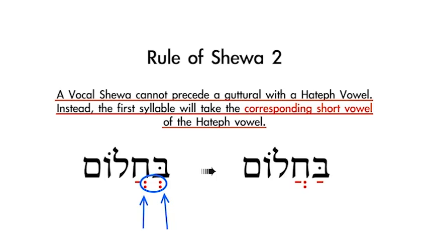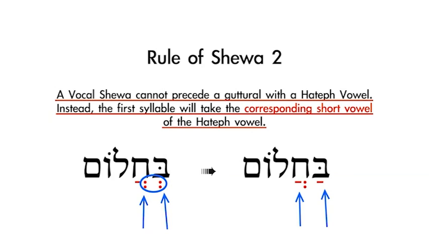What happens then? What happens is observed in the example on the right. Here you're going to have a patah vowel. Why? Because the hatef vowel that follows it is the hatef patah. And the first syllable is going to copy the vowel of the second syllable. So because you have a hatef patah in the second syllable, you're going to have a patah in the first syllable.